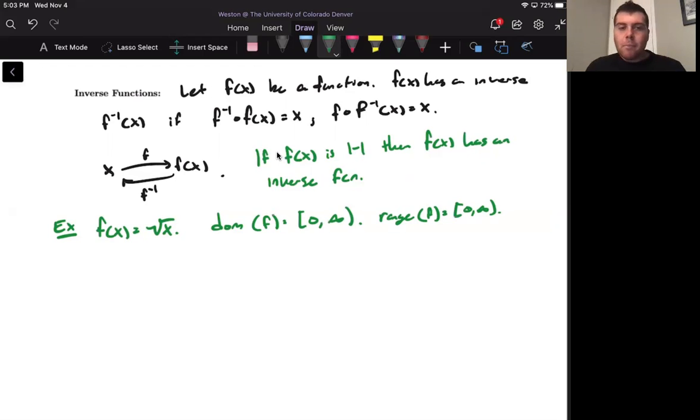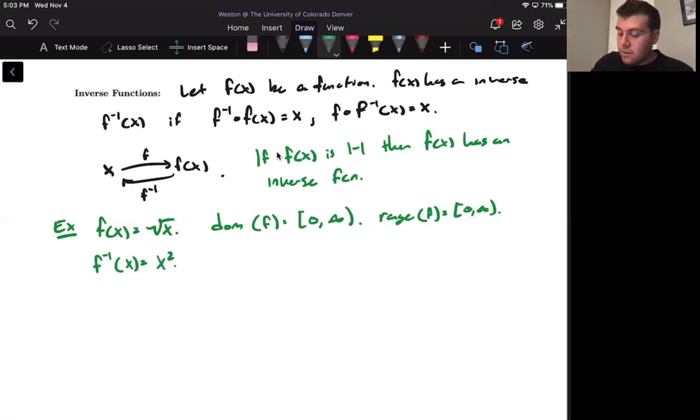Okay, so maybe pause the video and think about what the inverse function for f of x should be. Like if we square rooted x, how are we going to undo that square root? Okay, so hopefully you came to the conclusion that our inverse function should be f inverse of x equals x squared.